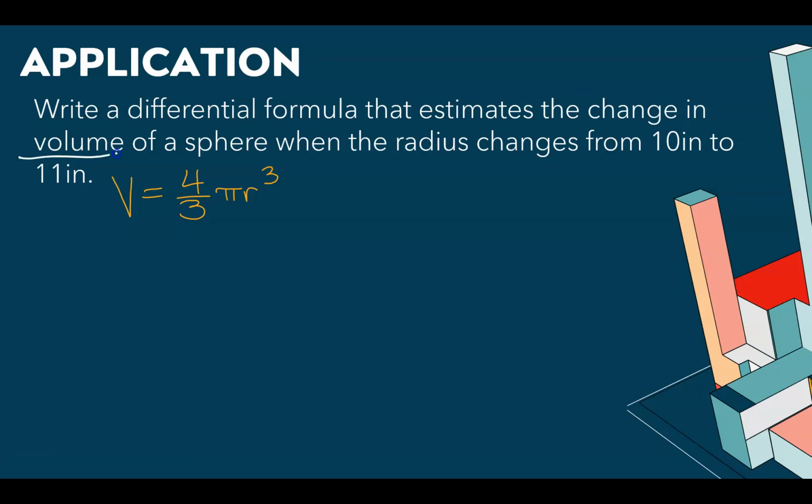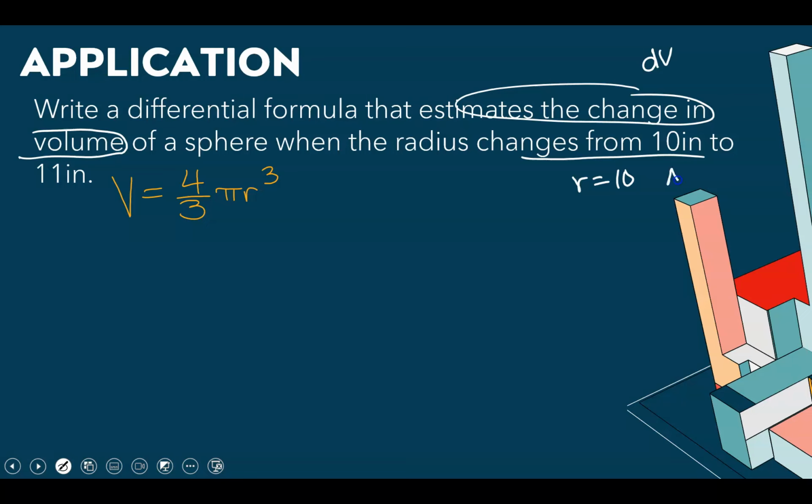If we're estimating change in volume, we want dV. And when the radius changes from 10 to 11 inches, that means the radius starts off as 10, and the change in radius is equal to +1, which also means dr is going to be +1.